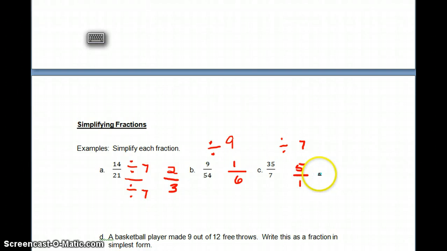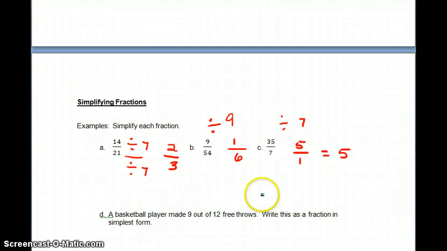That gives us 5/1, which will reduce further to just 5. We can leave it as 5/1, but there's no need to leave a fraction with a denominator of 1 written as a fraction, because that just represents a whole number. So we would simplify that further and just write it as the whole number 5.